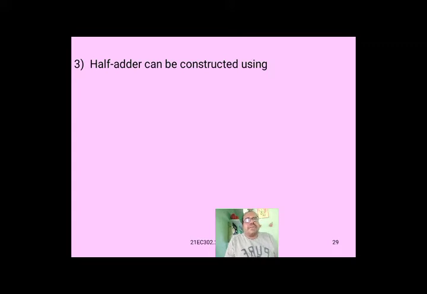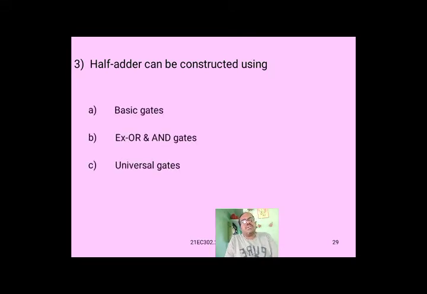Half adder can be constructed using basic gates, XOR gates and AND gates, universal gates, or all the above. All the above is the answer. We can construct half adder with basic gates, XOR and AND gates, and universal gates also.